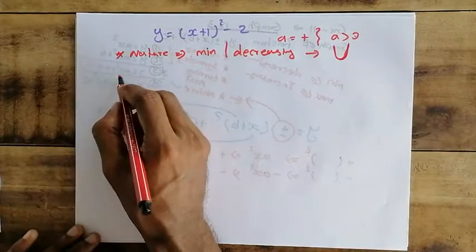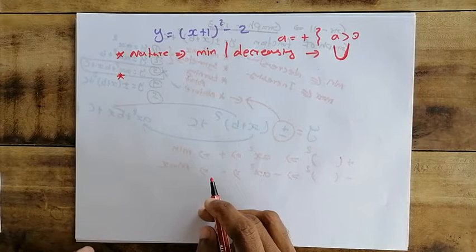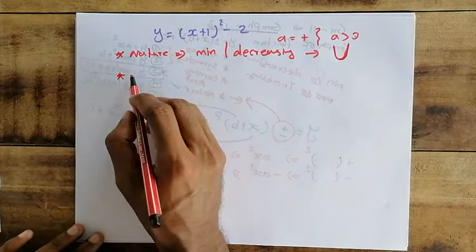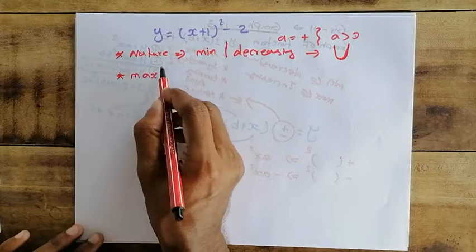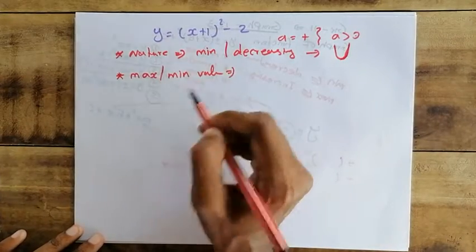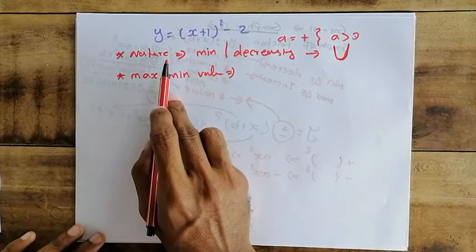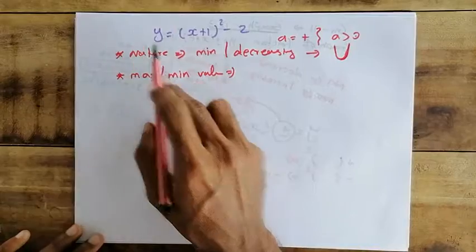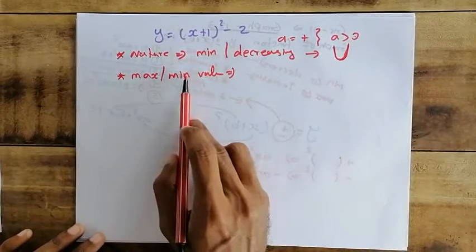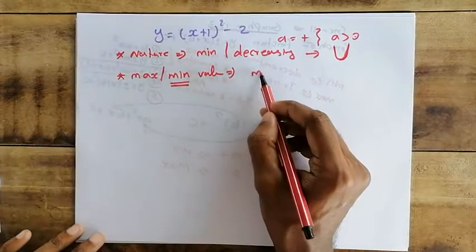Okay, the first point. The next point: what is the maximum or minimum value? With the nature of the graph, we can say whether this graph has a maximum value or minimum value. It's a minimum graph, so we have a minimum value.